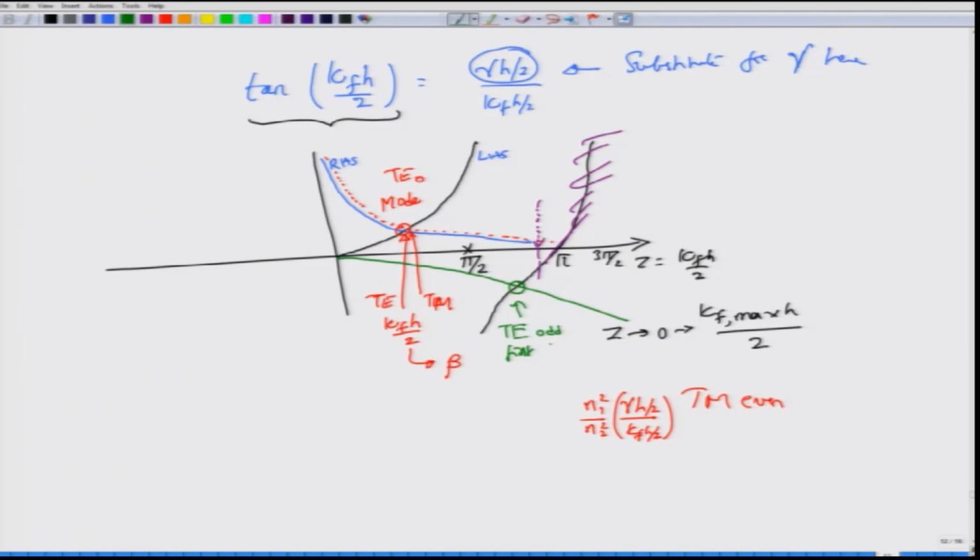Similarly, for the TM mode, you will have to start somewhere here and probably meet here. So, this corresponds to the TM odd mode. Again, please note how closely these TE even and TM even are situated depends on the index values of N1 and N2.